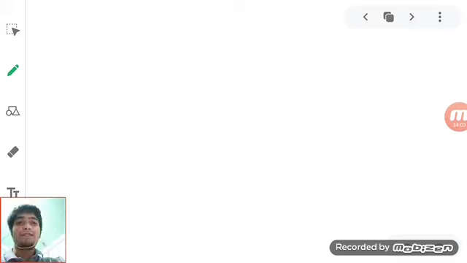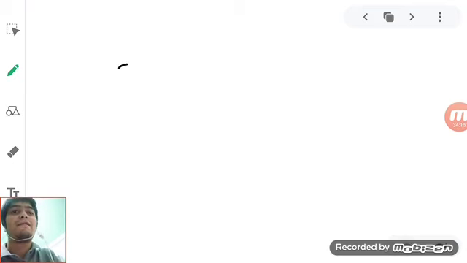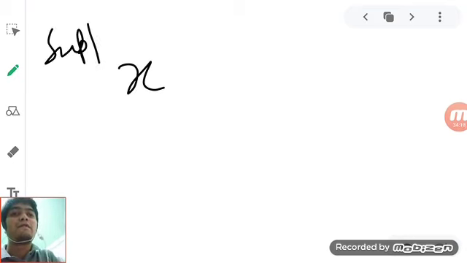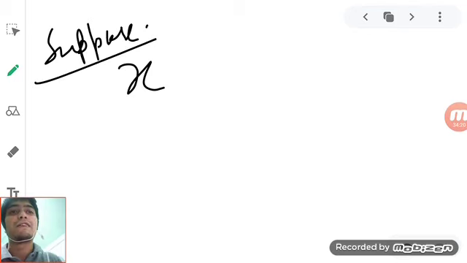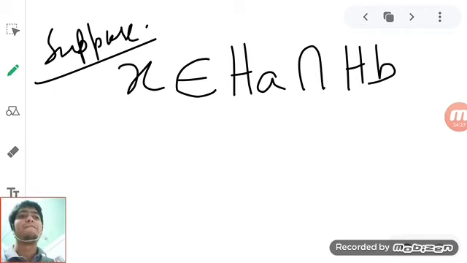Sometimes you will encounter this line. Do not worry, we will encounter these types of lines many times once we get to the real course. Suppose in an exercise or a theorem you encounter this one: x belongs to Ha intersection Hb.